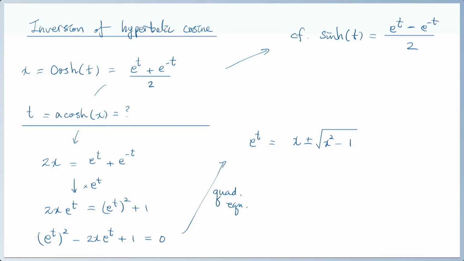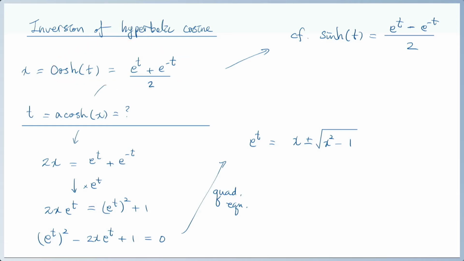If you simplify everything, you'll end up with something like this. Okay, now here's the issue. We have plus or minus, and we have to be careful with this dual sign. So we need to understand what's actually going on with this hyperbolic cosine function.